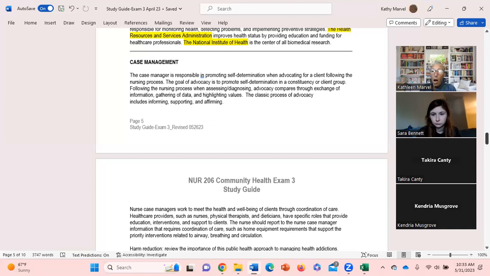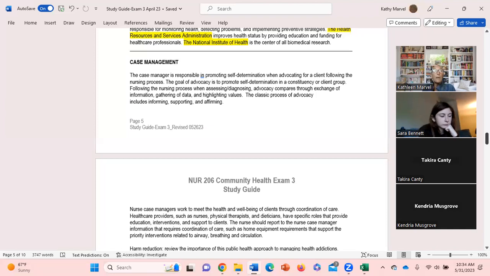They case manage complex situations in which lots of resources may be needed or need to be set up or organized. Their goal is for independence, and making the transition from the hospital to the home, or the home to the hospital, or the long-term care facility to home. They're always working for the health and well-being of their clients.